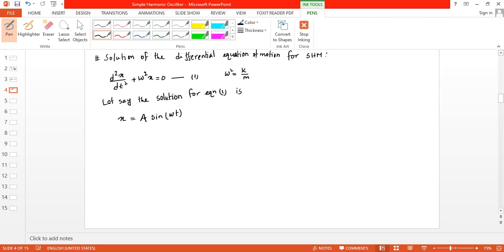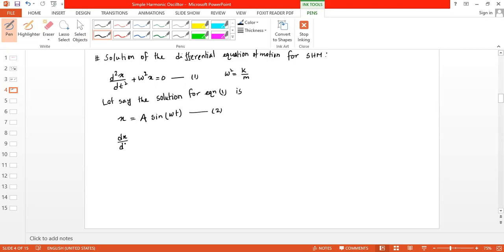Here a is a constant, and by the way omega is also a constant. I am assuming this is the solution. If this value of x satisfies this equation, I can say that this is the solution of equation number 1. So what I can do is differentiate it twice.